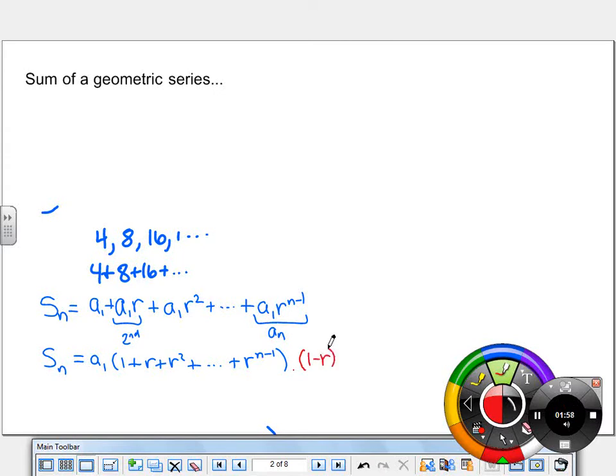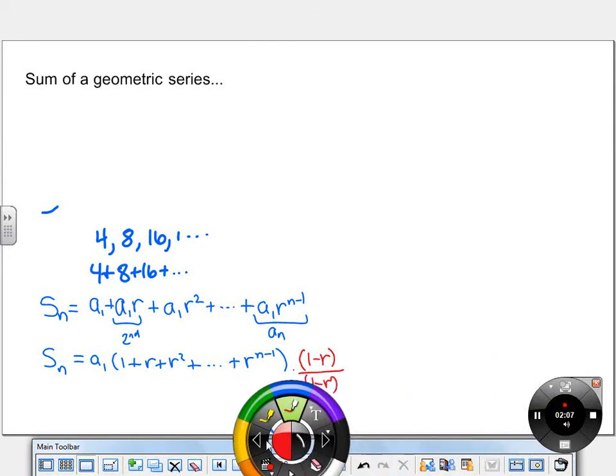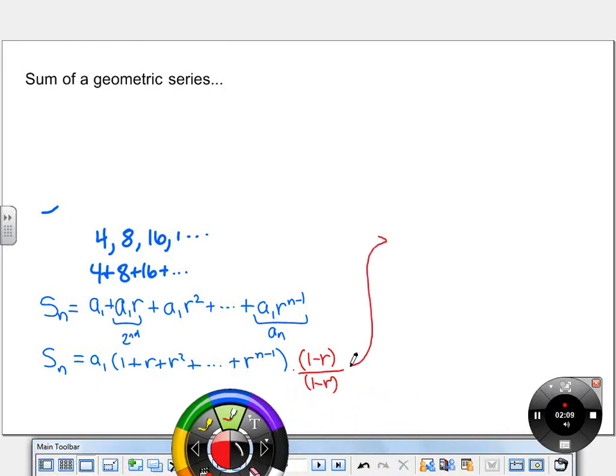Now, I know I can't just do that, but I can if I multiply by 1 minus r over 1 minus r, because that's really just like multiplying by 1. So if I do that, then my expression is going to say that I have 1 minus r in the denominator, because there was nothing there before. In the numerator, I have a1 times this giant quantity times the 1 minus r.